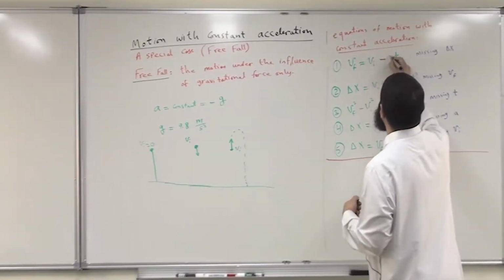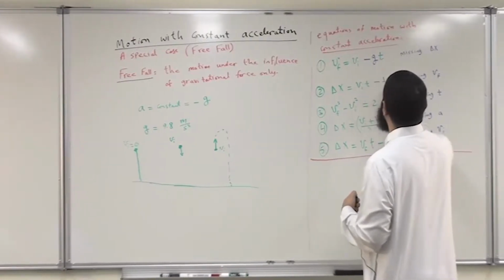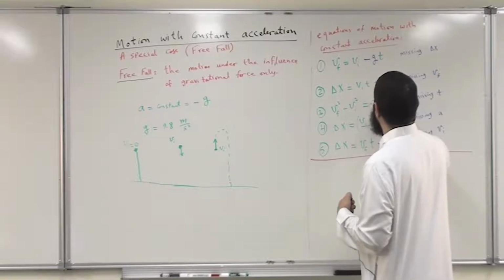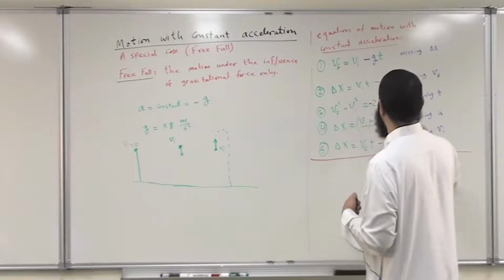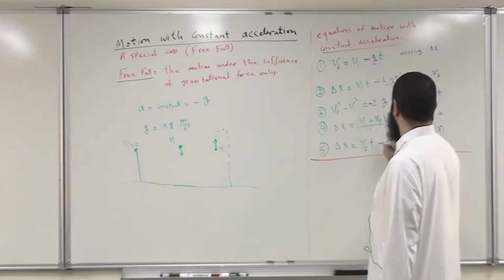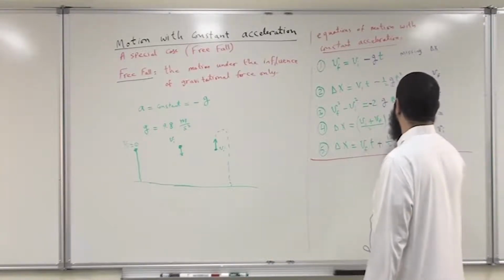So here I have minus g. Here I have also minus g. Here also I'll remove a and replace it with minus g. Here I don't have acceleration, so this will be the same. And finally, this minus sign will be replaced with a plus sign, and this will be g.